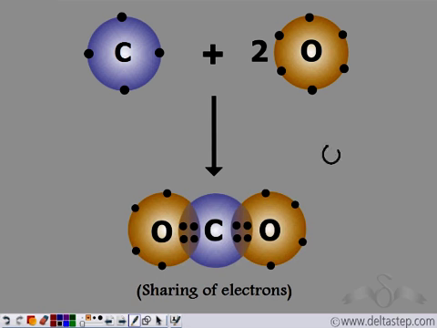So the electronegativity of oxygen is greater than carbon, as oxygen lies towards the right in the periodic table, and so oxygen is able to pull these electrons more towards itself. Both these oxygen atoms pull the electrons more towards themselves, and so oxygen is more electronegative than carbon.